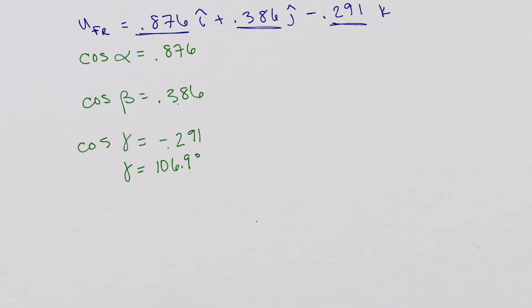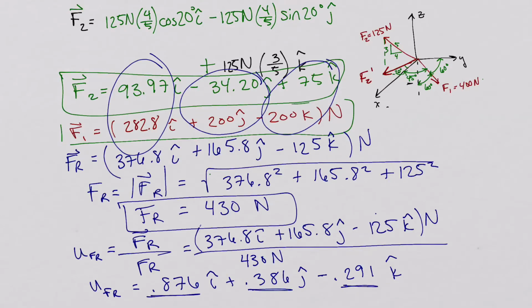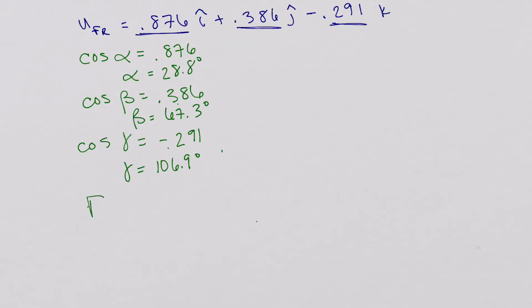Beta is going to equal 67.3 degrees. And then alpha is going to equal 28.8 degrees. And so now we know those angles. So now we can draw it out like they had requested. We know that the magnitude is 430 newtons. So FR equals 430 newtons.